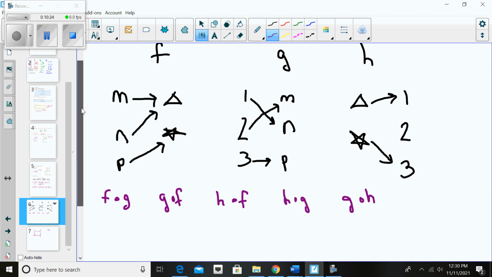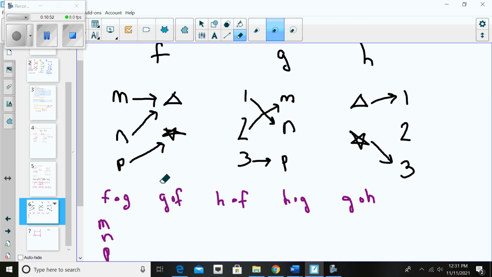So when I go to do a composition, F of G, that means I start at F, and M maps to triangle. Okay, then I take triangle, I'm sorry, I need to start with G. I'm doing this wrong.